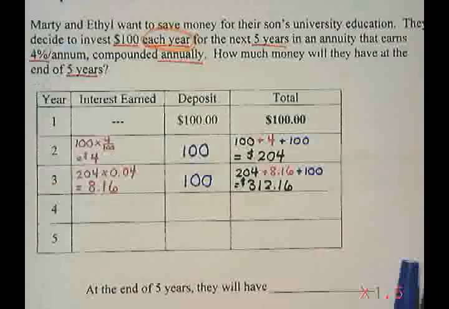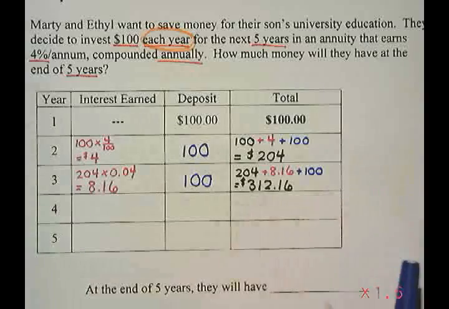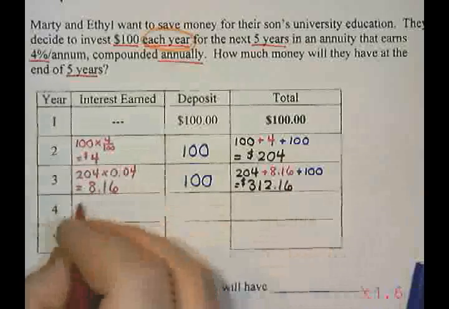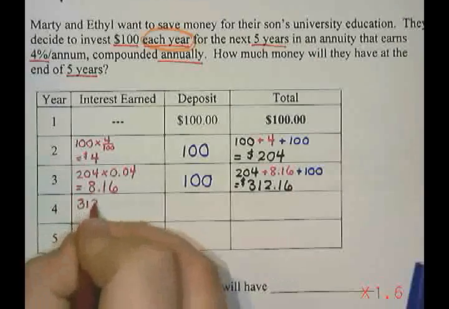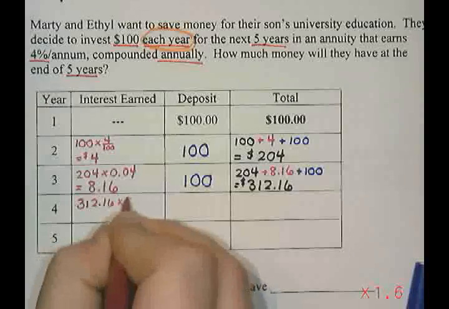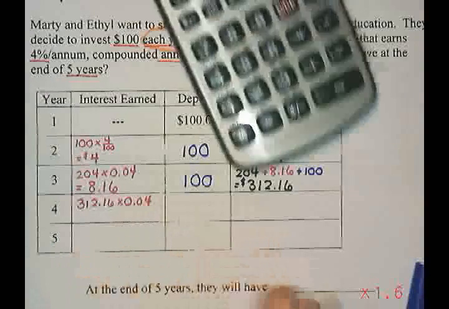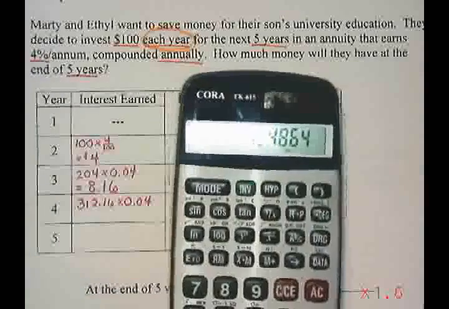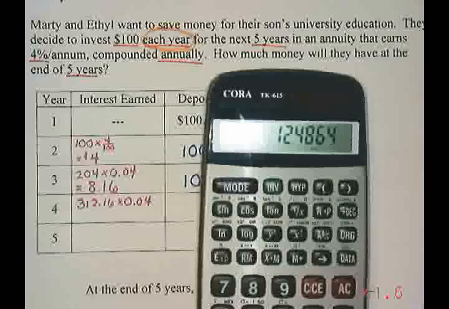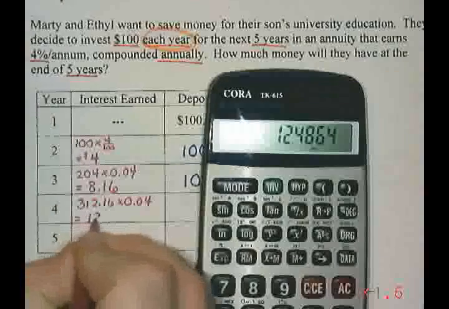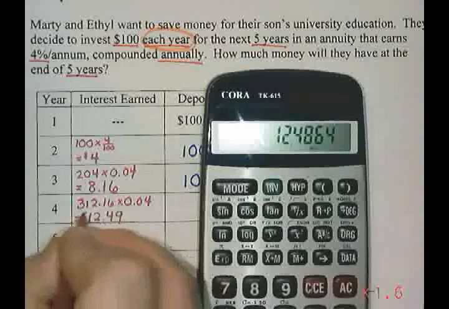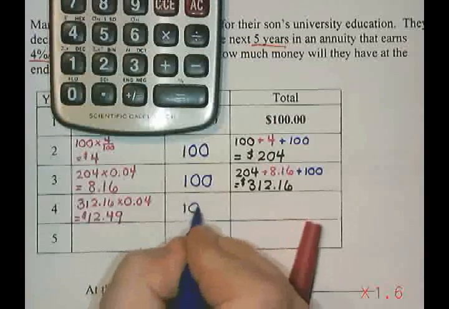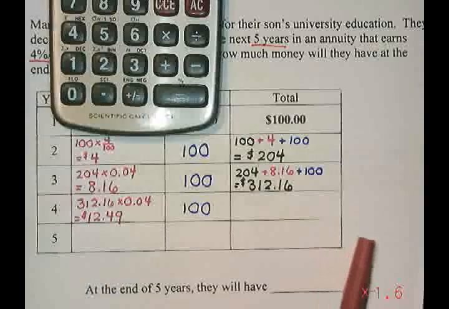All right, so year 4 comes around and they earn 4% of that $312.16. So they get interest on whatever was in their account. So I'm going to find 4% of that. So 312.16 times 0.04 is $12.49. And then they put another $100 into their account.